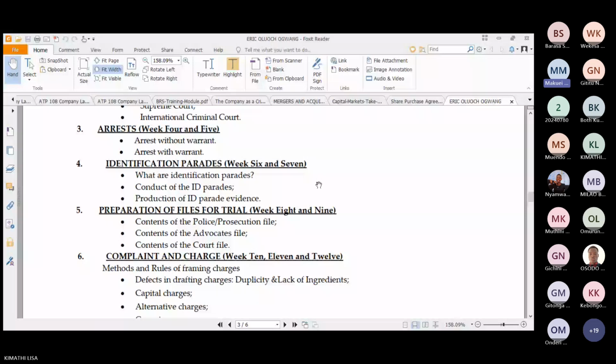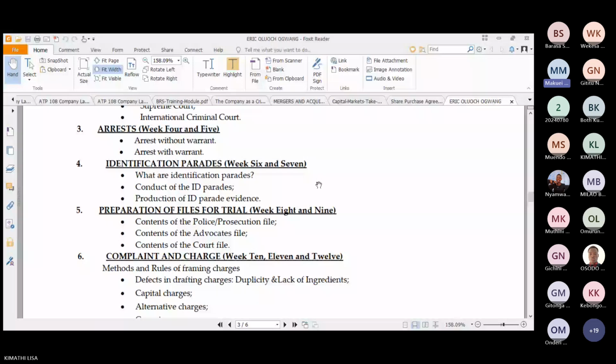So now, as a newly admitted advocate, please advise the PC. Because no one is going to tell you to highlight or enumerate the contents of a police file, the prosecution's file, or the advocate's file. This one is usually straightforward, but the question will not be straightforward.